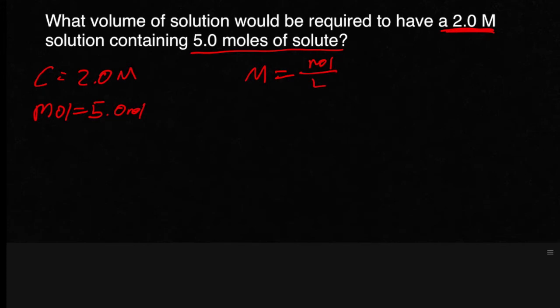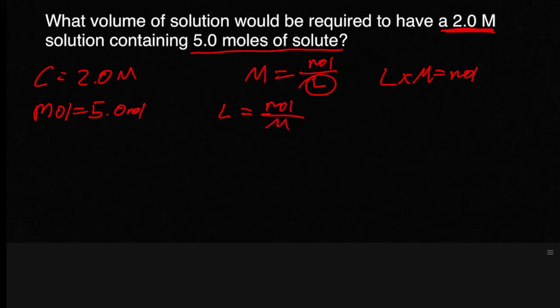But we need to rearrange this equation to solve for L, our volume in liters. If we multiply both sides by L, we get liters times molarity is equal to moles. And if we divide both sides by molarity, we find that the liters are equal to moles of our solute divided by the molarity.